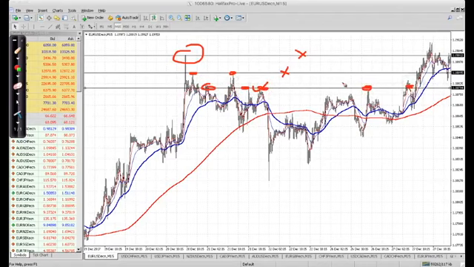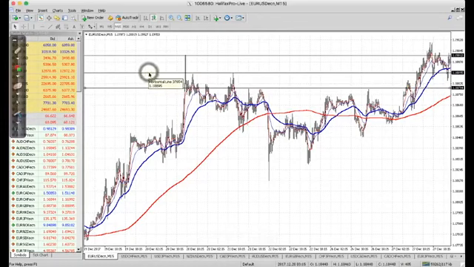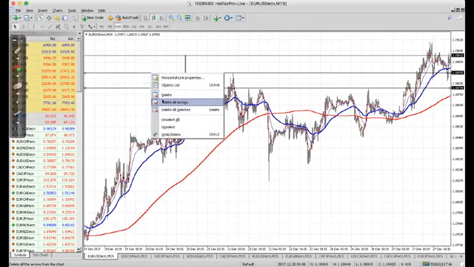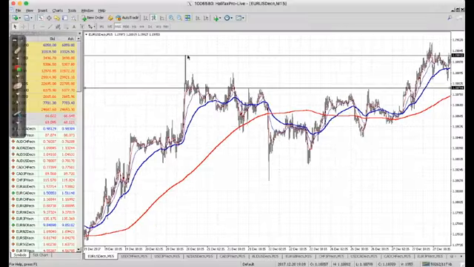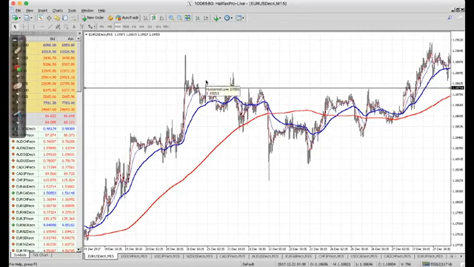So it's a more reliable level, because it touches as many points as possible. So I would take that as a more significant line than the first two. So I can double click on this and just delete it. Okay, so I find there's a resistance over there.